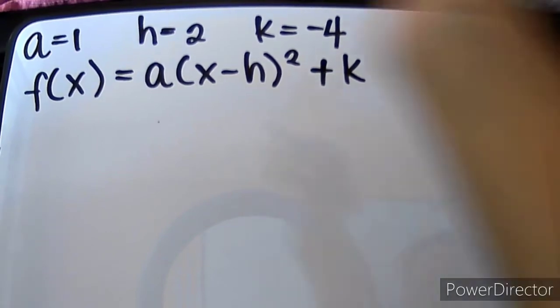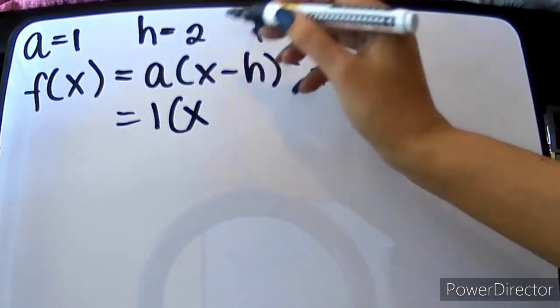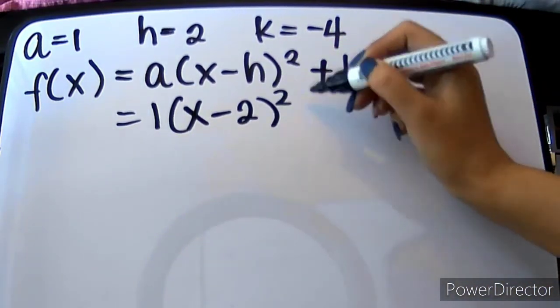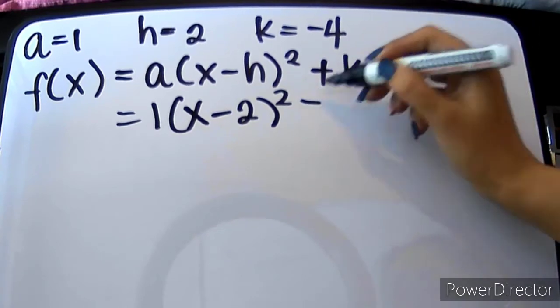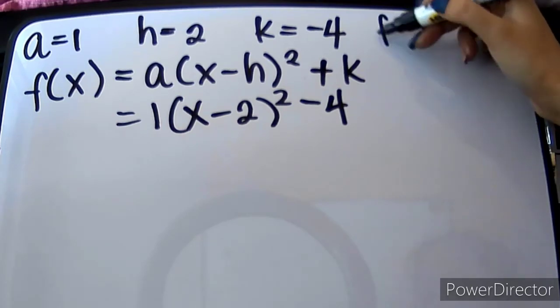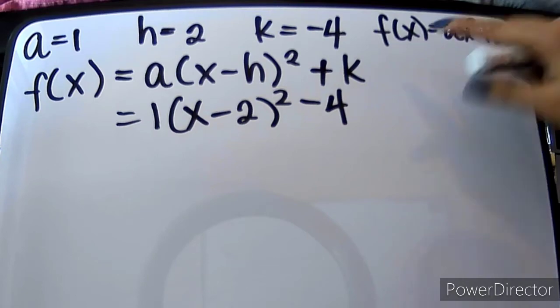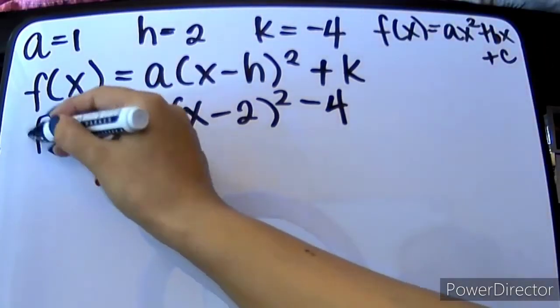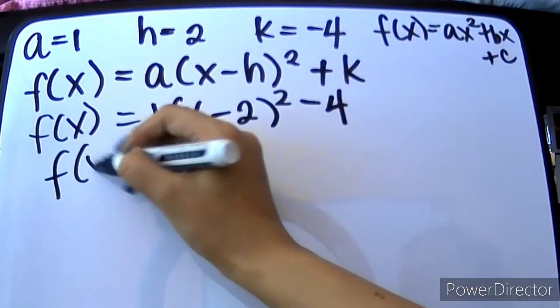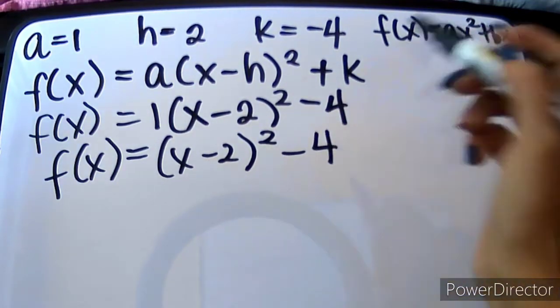Okay, so let's now substitute. Our a is 1. Hindi na po papalitan yung x. So, let's substitute h and k. And then, expand na natin and write it in standard form. F of x is equals to ax squared plus bx plus c. So actually class, kung vertex form, eto na yon. That is already the answer.